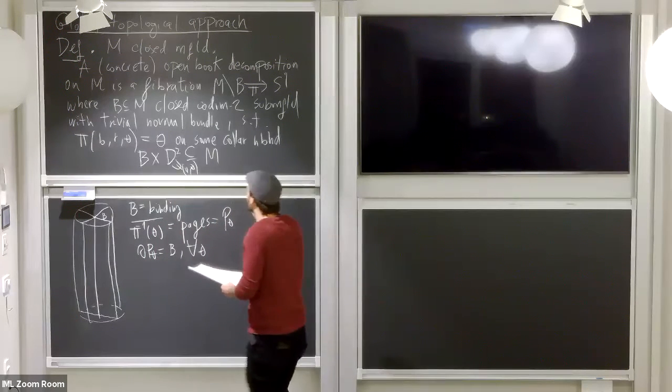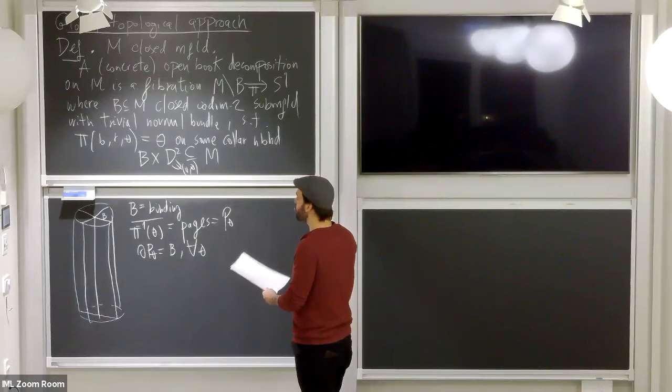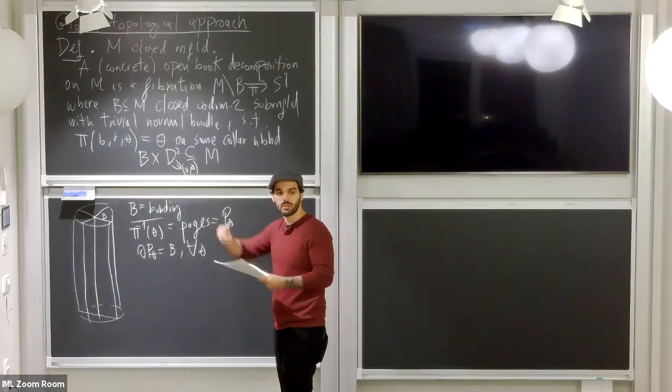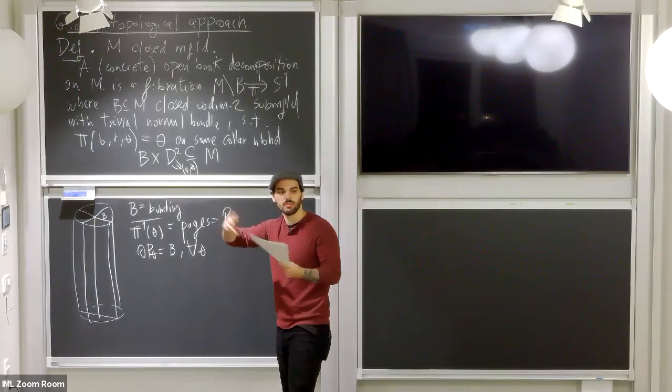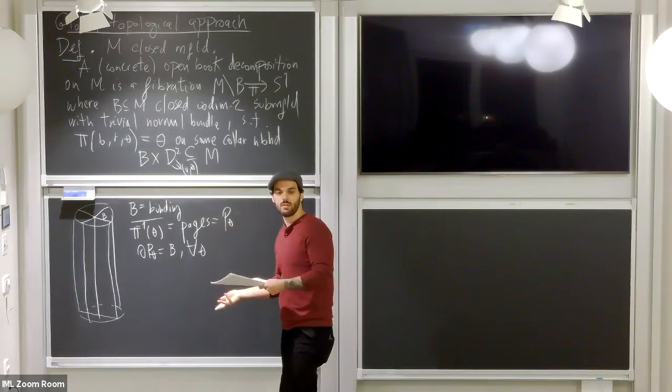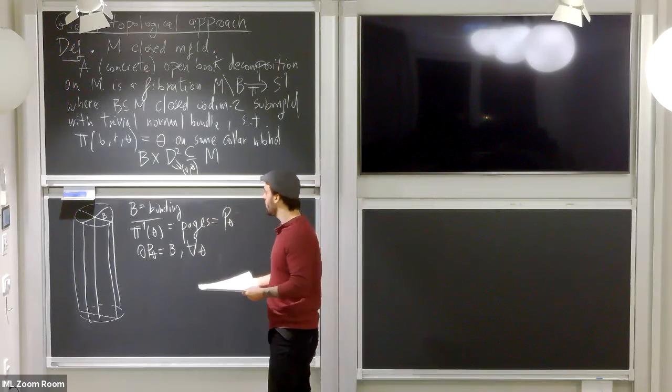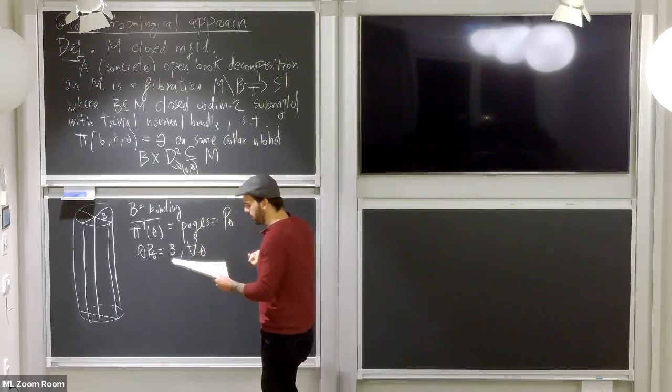This is a concrete notion because I have a given fibration. In principle, you can imagine I can isotope the fibration around, and that's a different concrete open book. So there's also an abstract way to think about this.